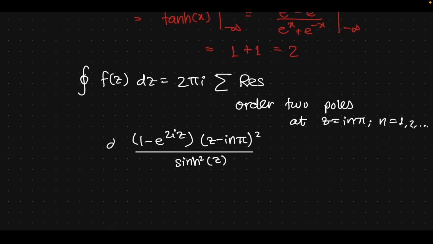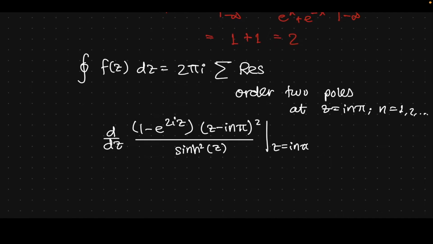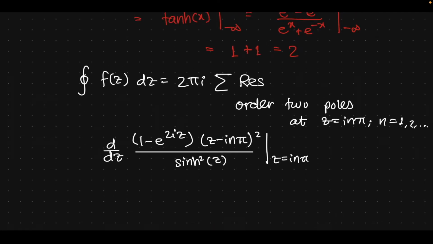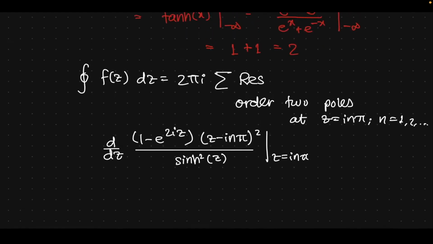We will have to take the first derivative of this and then take the limit z equals I n pi, and then sum all of these up. I've done this calculation really fast, and I think I can afford to skip steps right now, because it's really not that challenging to do.